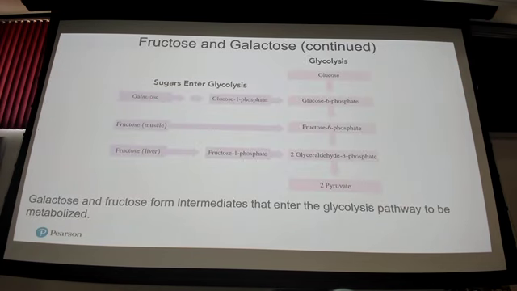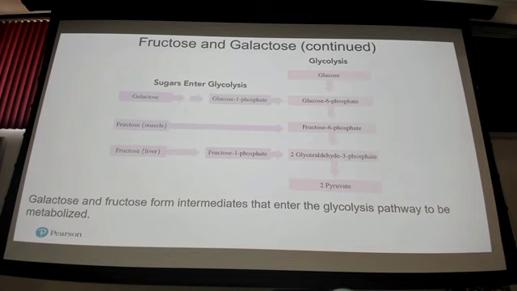And here's just another representation of that. We have glycolysis in pink on your right-hand side. Galactose will be converted first to glucose 1-phosphate, then glucose 6-phosphate, into glycolysis. Then in the muscles, fructose will be converted to fructose 6-phosphate.